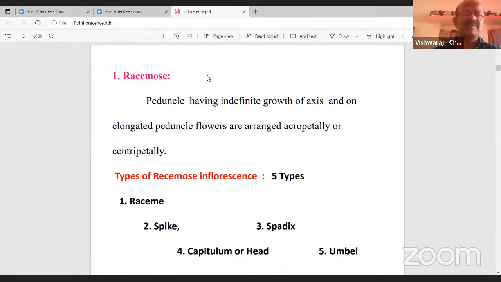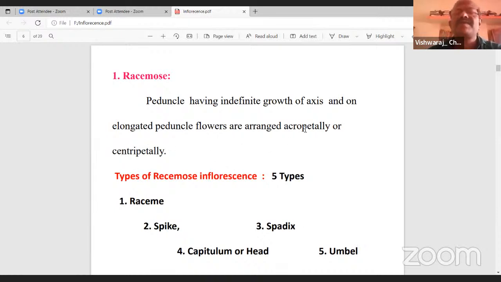We have seen in the definition, racemose inflorescences are basipetal in manner, and flowers are indeterminate and indefinite. Peduncle having indefinite growth of axis, and on the elongated peduncle, flowers are arranged acropetally or centripetally.